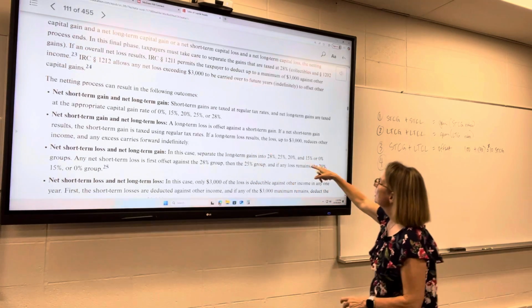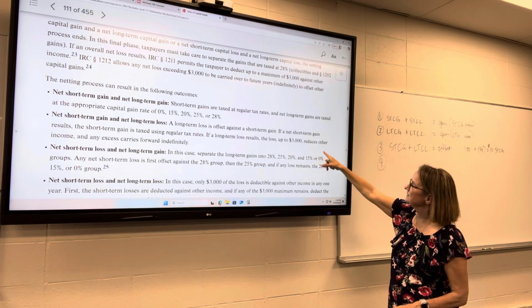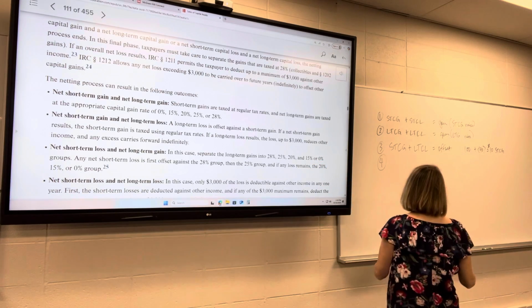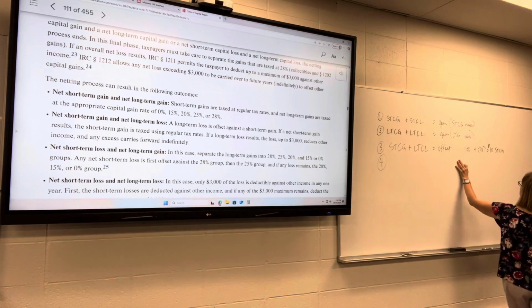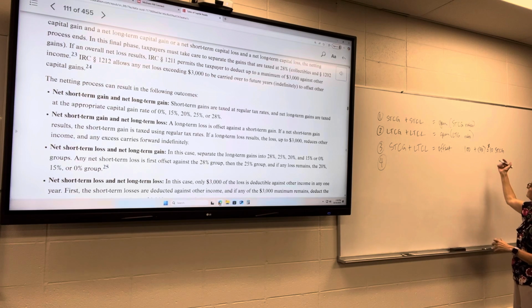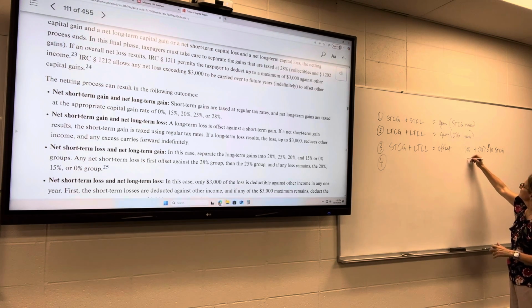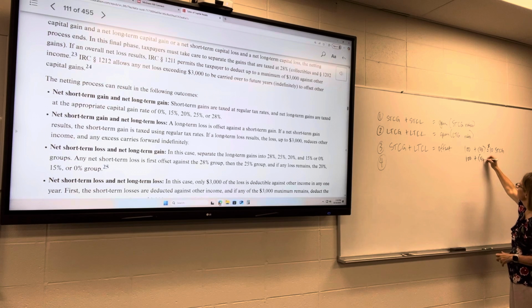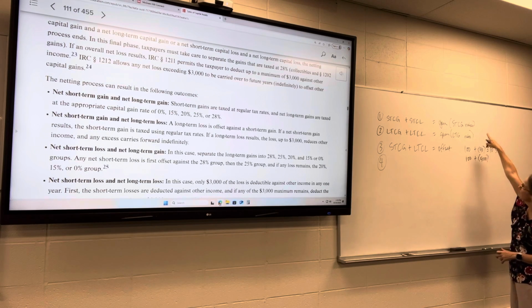If a long-term loss results, the loss up to $3,000 reduces other income and any excess carries forward indefinitely. So a second example would be a $100 short-term capital gain plus a $4,000 long-term capital loss, after we've netted them up.